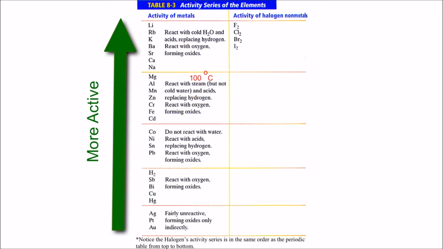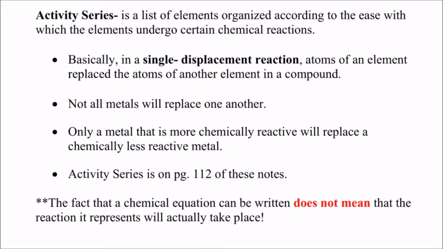Alright, so hopefully that makes sense to you, the overall activity series and then the qualifications for each little block of elements here. No, you do not have to memorize those. You will be given an activity series to look at, or there will be one up in the classroom for you to use. Okay, so here's basically what I just talked about in the activity series.